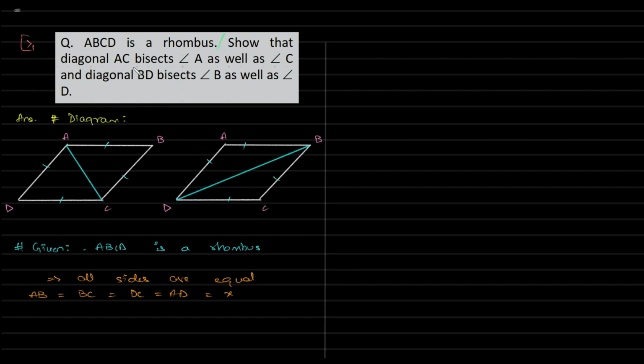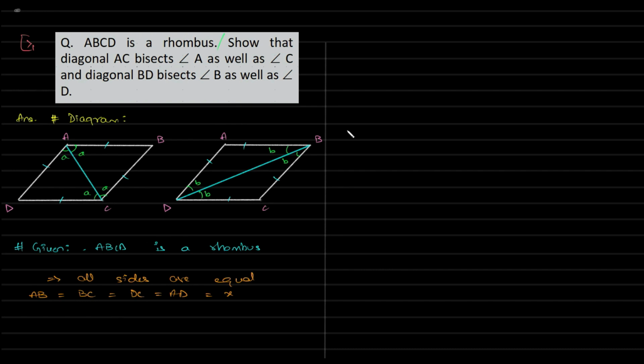Then show that diagonal AC bisects angle A as well as angle C. When they say bisects, it means cutting into two equal halves. So basically this is A and this is A, and over here too, it will be A and A. Same thing over here: if this is B and B, this too will be B and B. Proving one, you're pretty much done with everything else.